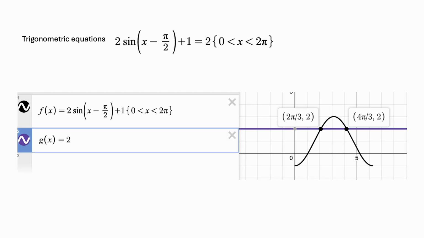For trigonometric equations like this, when the domain is from 0 to 2 pi, we have two solutions, which are 2 pi over 3 and 4 pi over 3.